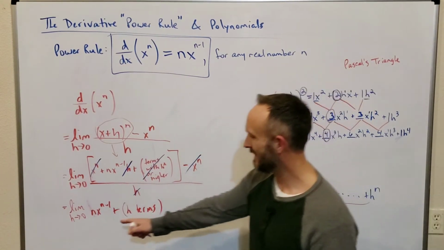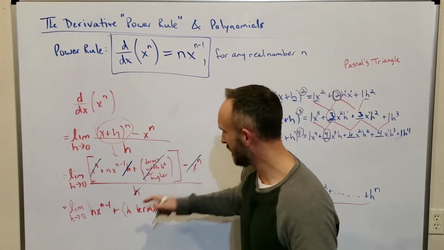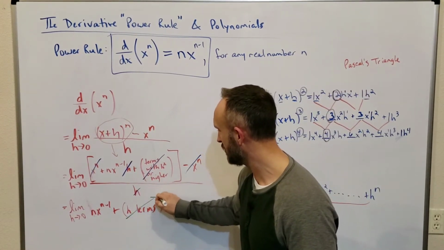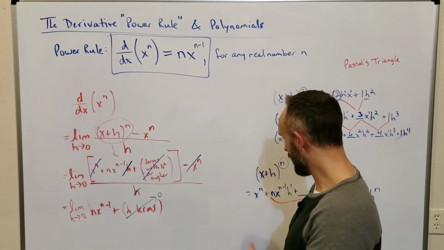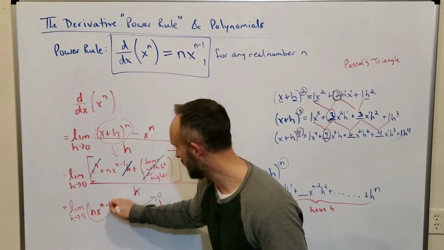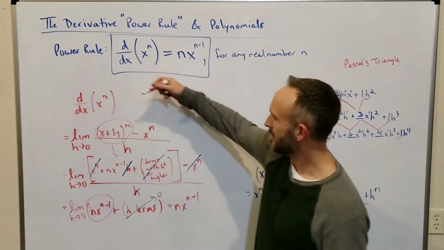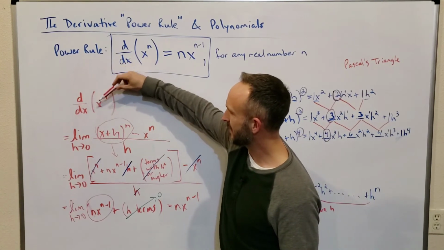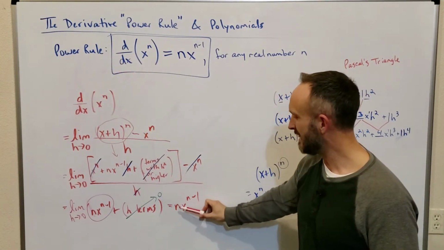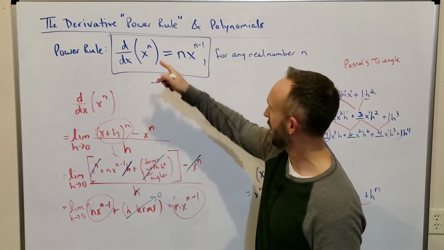So now, because h goes to 0, every term that has an h in it is going to go to 0. And so all that remains of this limit is n times x to the n minus 1. So the derivative with respect to x of x to the nth power is n times x to the n minus 1, which is the power rule.